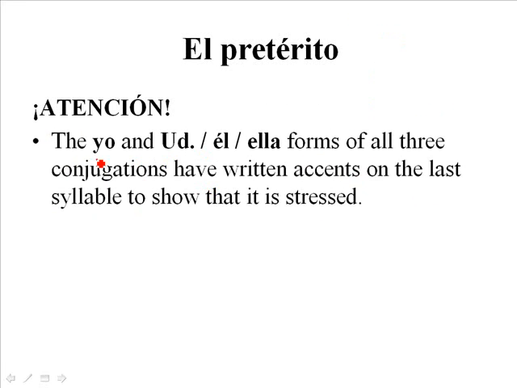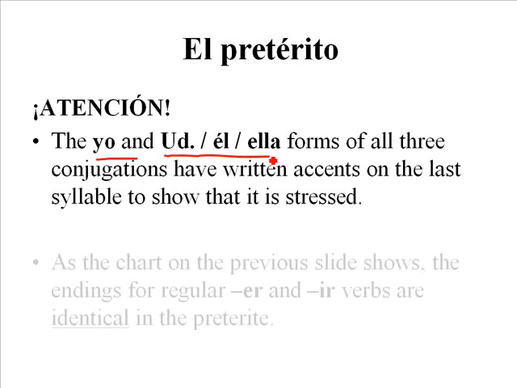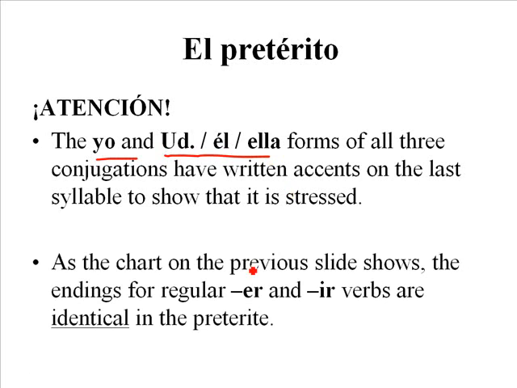Okay, remember, yo, usted, ella, have accent marks. You have to pronounce that accent with a stress on that vowel, as well as write them in. Otherwise, you change the meaning. Okay, you can see that ER and IR verbs have the identical conjugations.